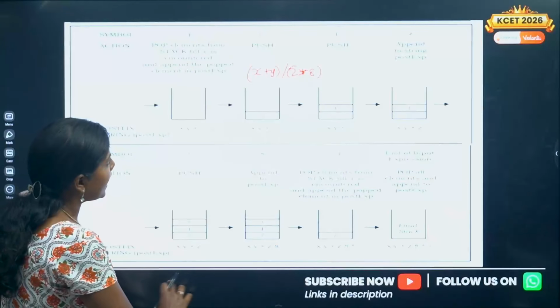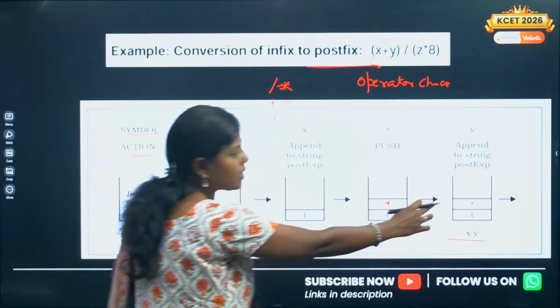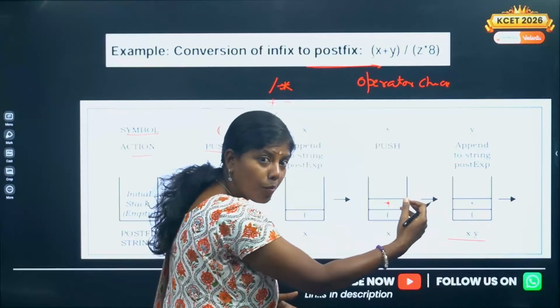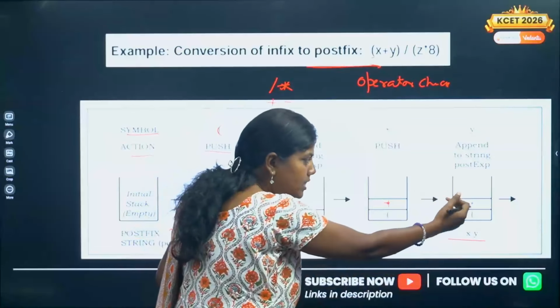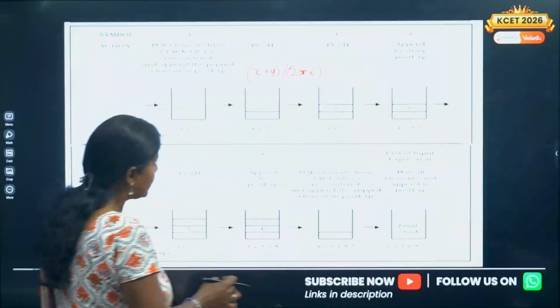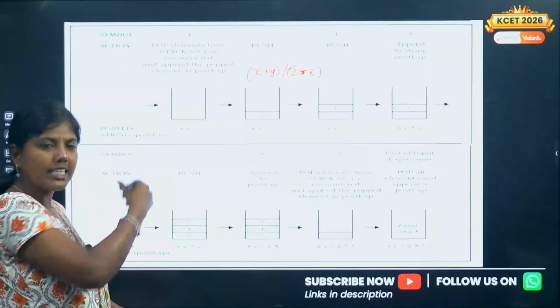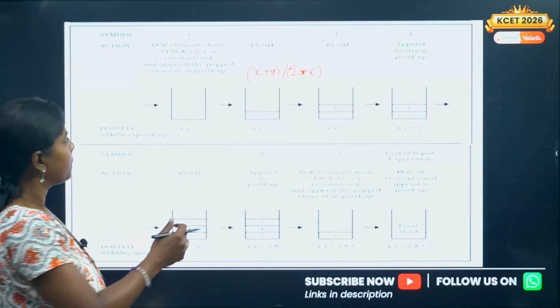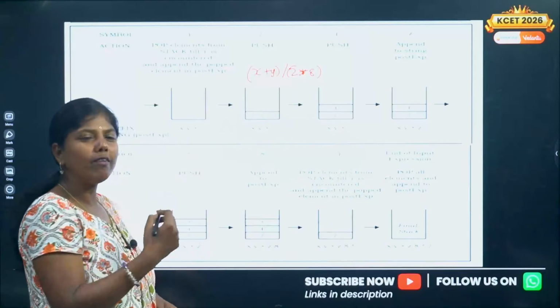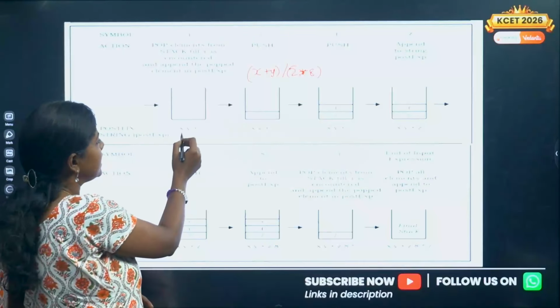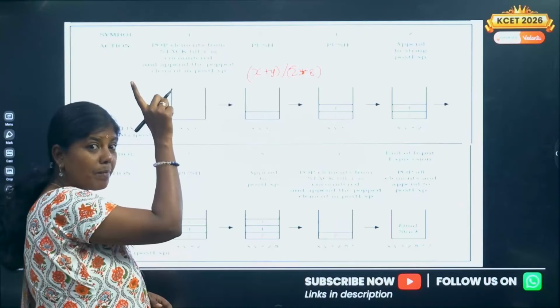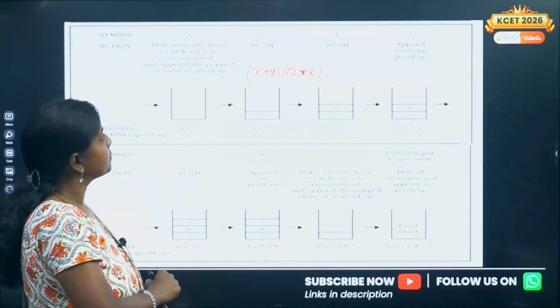What we had here is just the plus. So keep on popping everything till you get the left parenthesis, and discard both. Pop this, discard. Pop this, discard, which means the stack is empty. When I pop it, I have to add it to the postfix expression. It is xy plus. I discarded the parenthesis, remember.